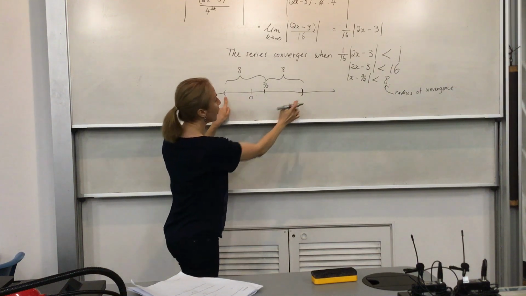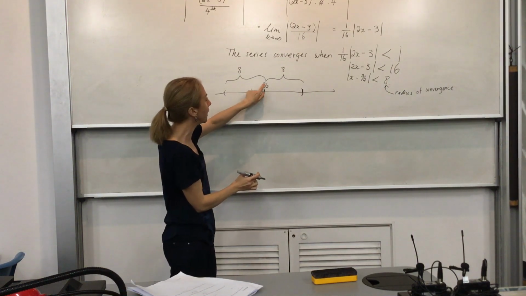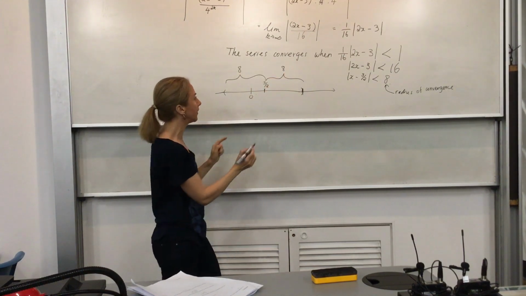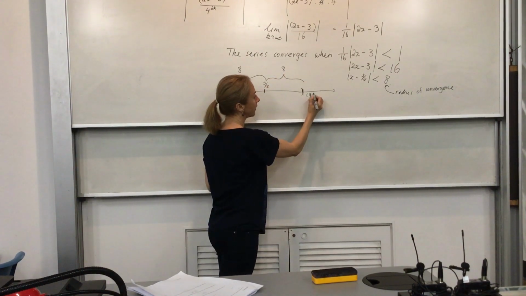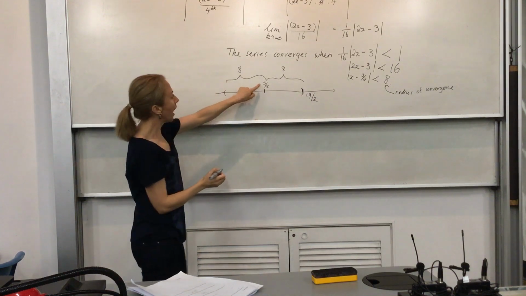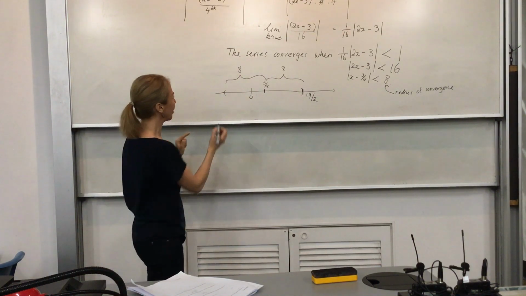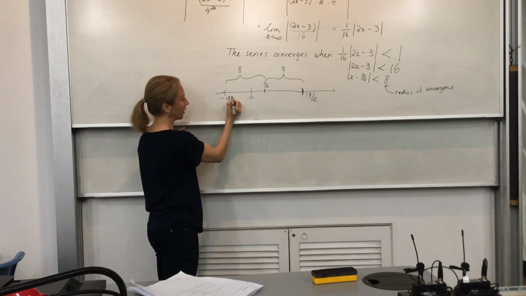So the endpoints of our interval will be 3/2 plus 8. So 3/2 plus 16/2 is 19/2 at one end, and 3/2 minus 16/2 should be minus 13/2.